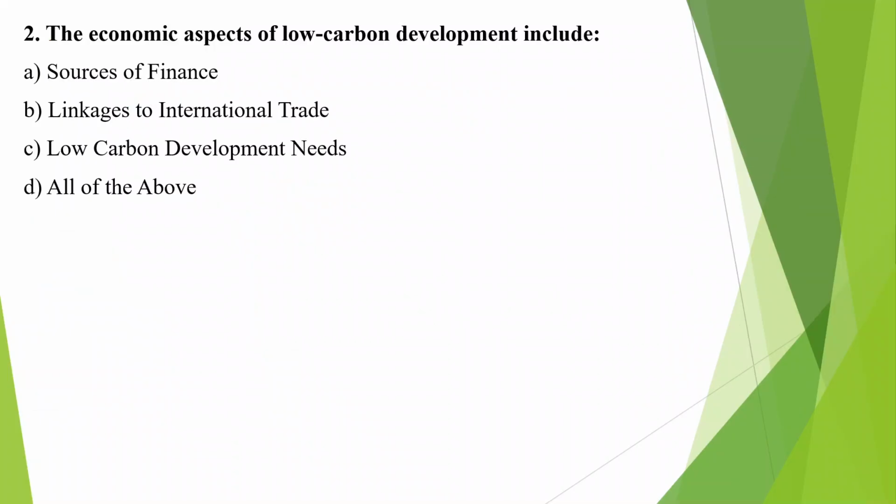Whenever you are talking about the economic aspects of low carbon development, you will have to include source of finance, its linkage to the international trades, and low carbon development needs. All of these become important, and low carbon development affects several economic domains including country specific development needs as well. So I think everybody is okay with the answer.